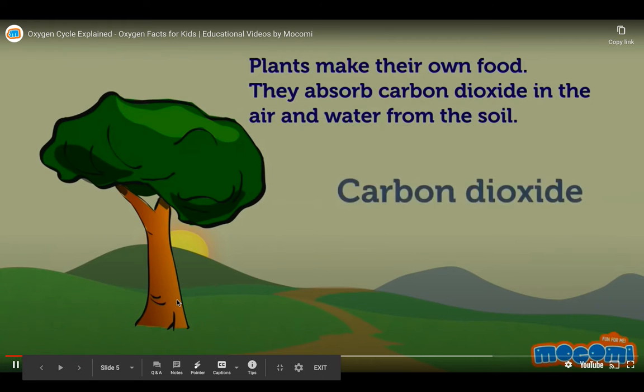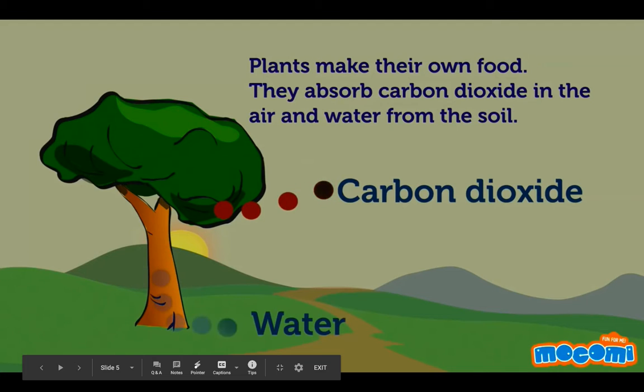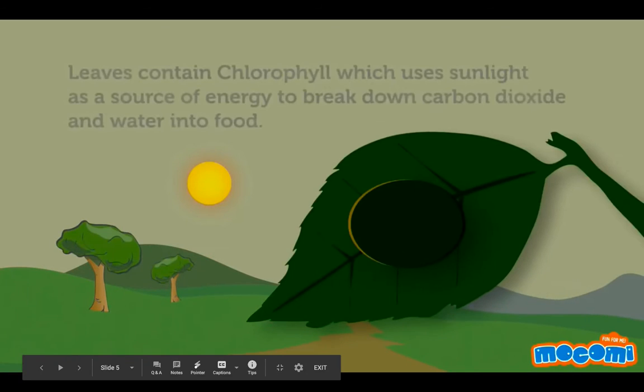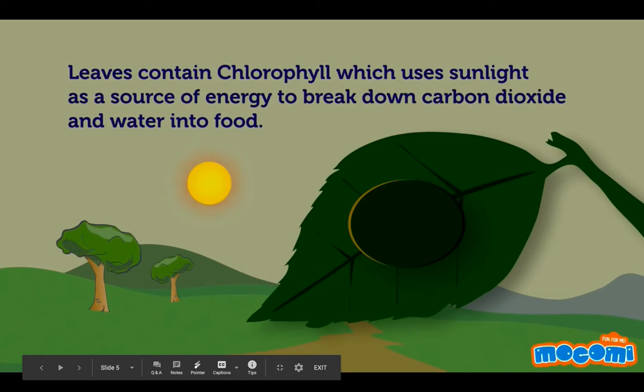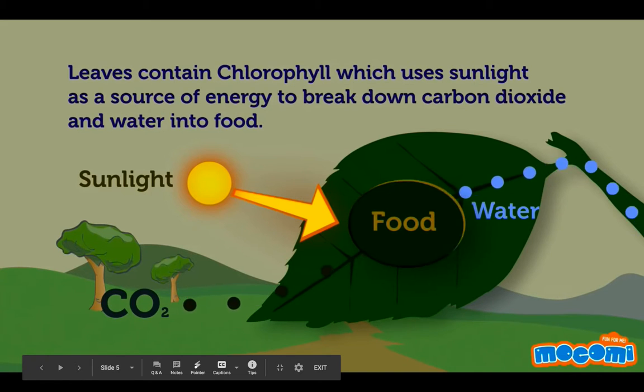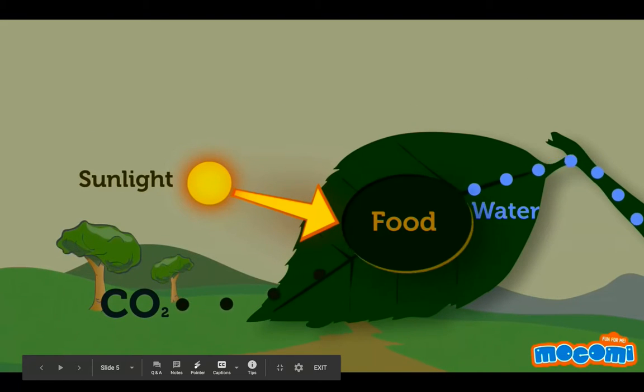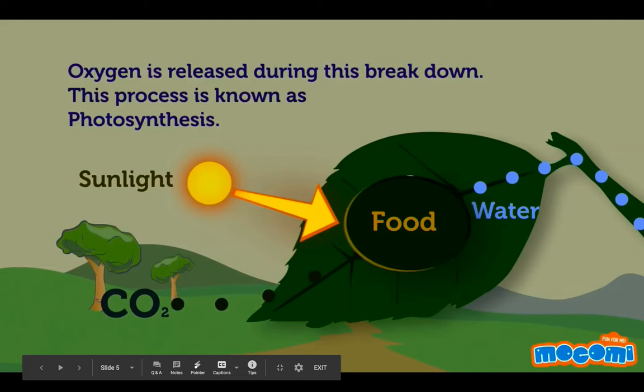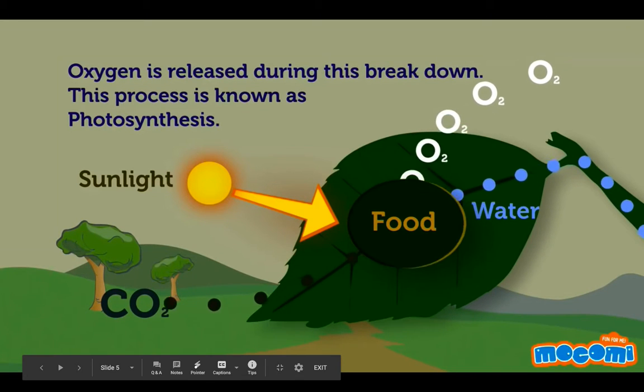They absorb carbon dioxide in the air and water from the soil. Leaves contain chlorophyll, which uses sunlight as a source of energy to break down carbon dioxide and water into food. Oxygen is released during this breakdown. This process is known as photosynthesis.